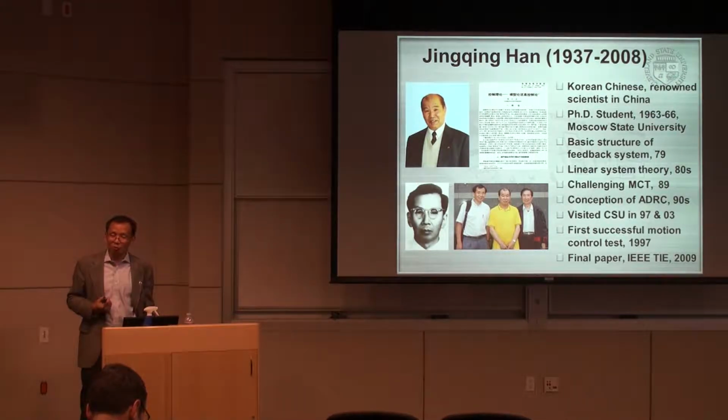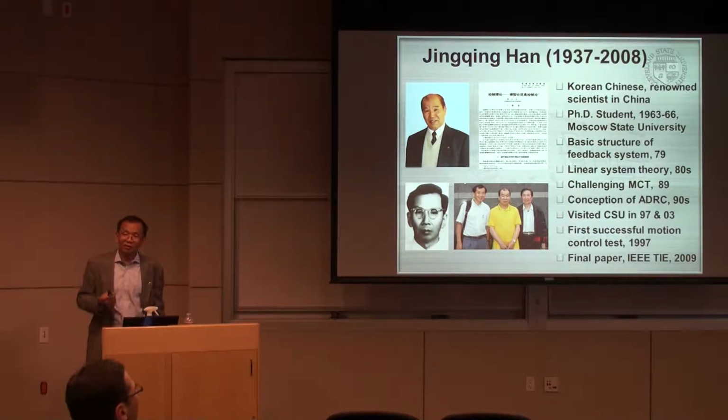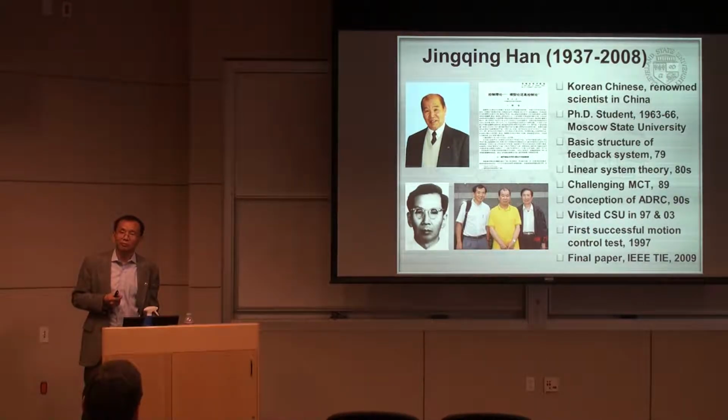He came back to Beijing in the middle of the Cultural Revolution. He didn't have any chance to do anything with it until after the Cultural Revolution, in the 1990s. He started to come back to this idea, and that's where active disturbance rejection was conceived. And in his book, in his paper, he paid tribute to the Soviet scholars, to his roots.